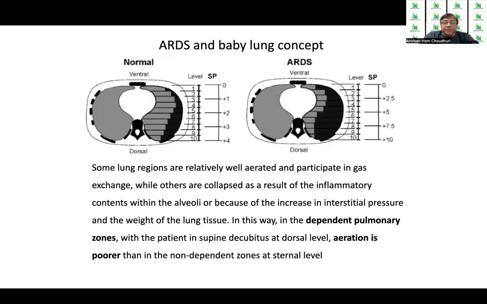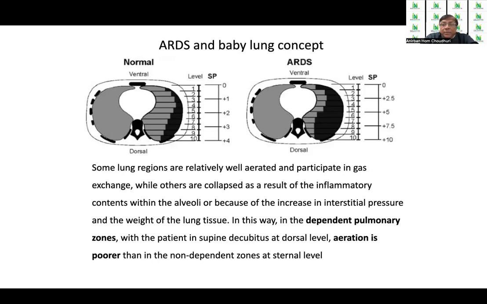We all know that in ARDS, because of the heterogeneous nature of the disease, some lung regions are relatively well aerated and participate in gas exchange very nicely, and the exchange is smooth. While there are others which are collapsed or partially collapsed as a result of inflammatory contents within the alveoli, or because of the increase in the interstitial pressure and the weight of the lung tissue. These are the ones which do not participate in gas exchange.